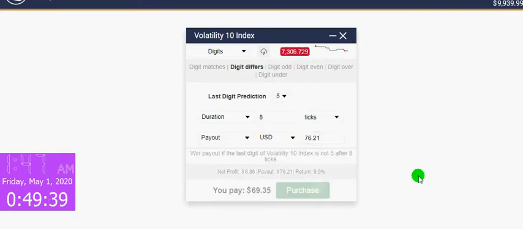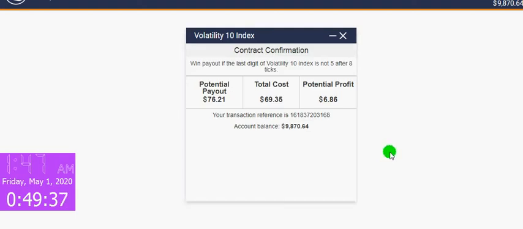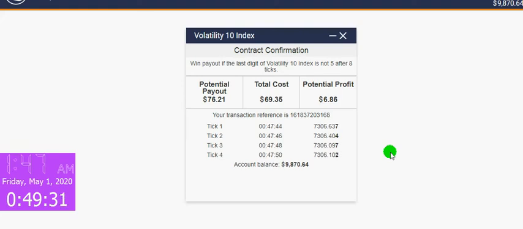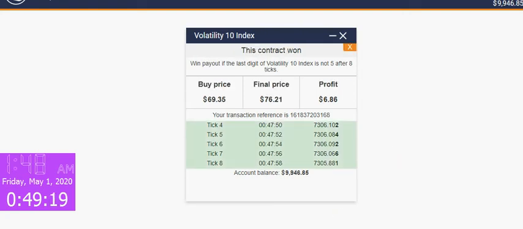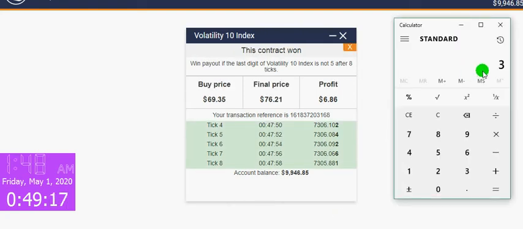The last 3 numbers, that's 7 there. So as you can see, we won that trade, so we are going for the second trade.